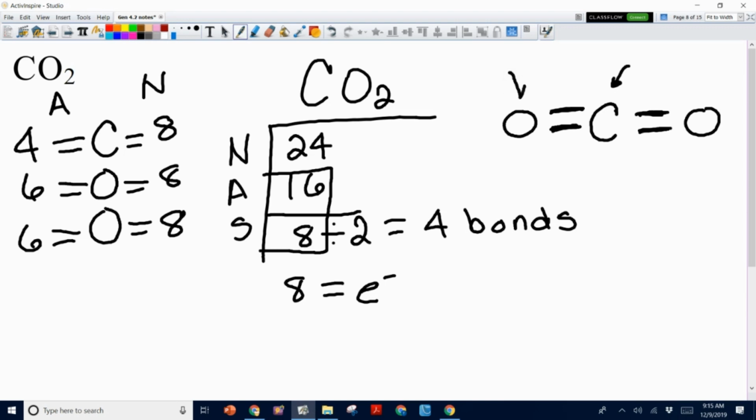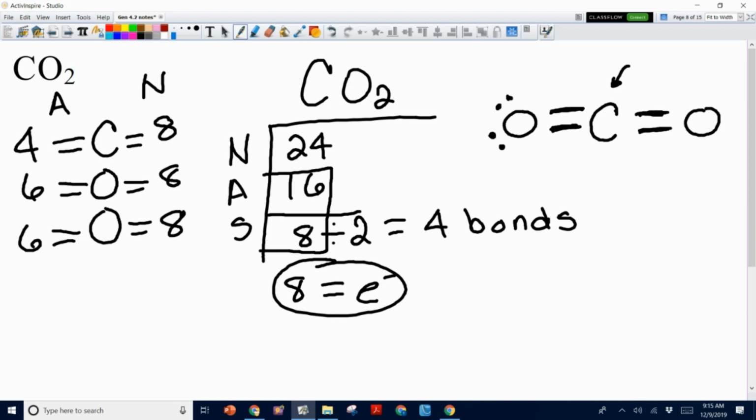Well, this oxygen only sees these 2 bonds. That's 4 electrons. But we need 8. So that's where these come in. So in order to make oxygen have a full octet, we're going to have to add unbonded electrons. Actually, we're going to have to add 4 on this side. So we have 4 unbonded electrons. We have 4 electrons that are taken up in the lines between carbon and oxygen.